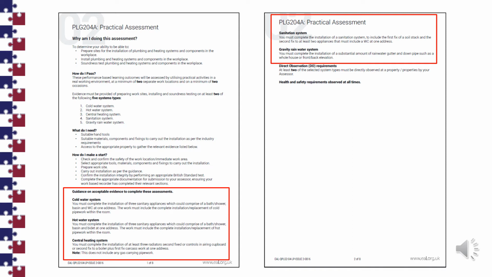This means install 3 radiators, or install all of the controls in an airing cupboard, including the motorised valves and pump, etc., or install a boiler jig and connect all associated pipe work. In all of the cases, you must follow the procedures for filling and commissioning the systems.